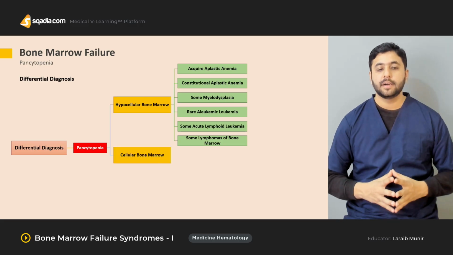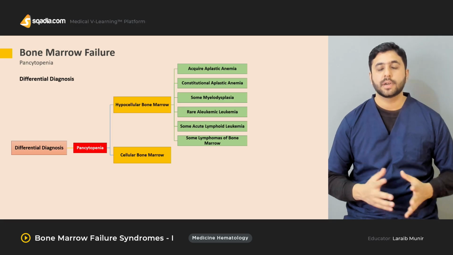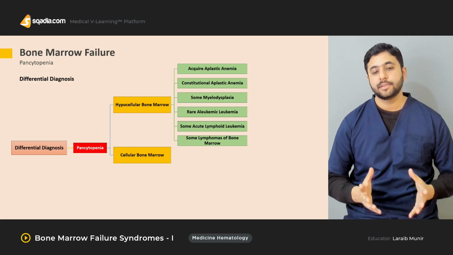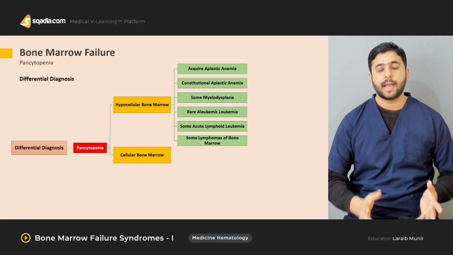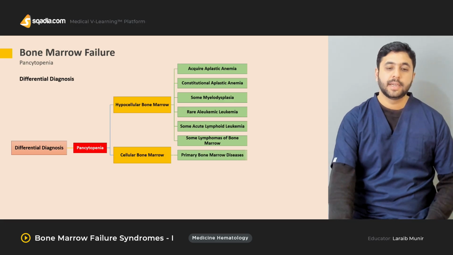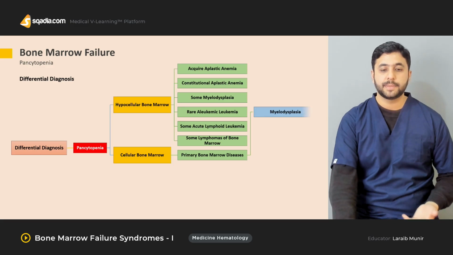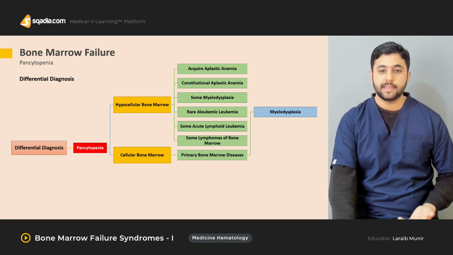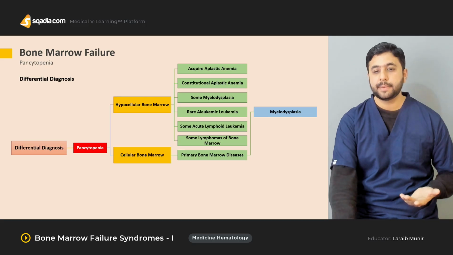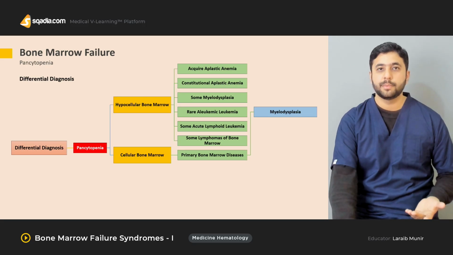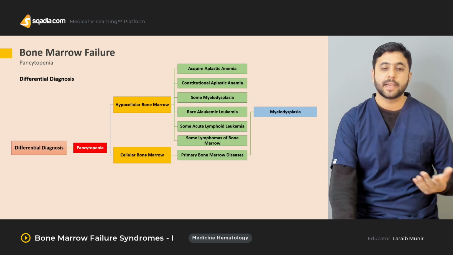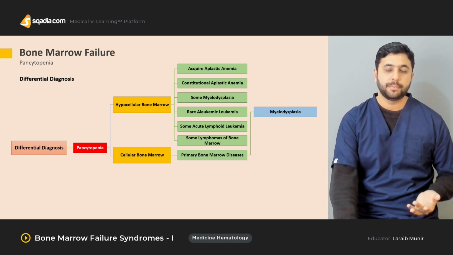If, on the other hand, with the pancytopenia, the cellular count is normal, and we have a cellular bone marrow picture, then the primary bone marrow diseases are the ones which we concentrate on. Specifically, the important ones are the myelodysplasias. As you can see, the myelodysplasias generally present with a cellular bone marrow, but in certain rare types, they can also present as a hypocellular bone marrow.